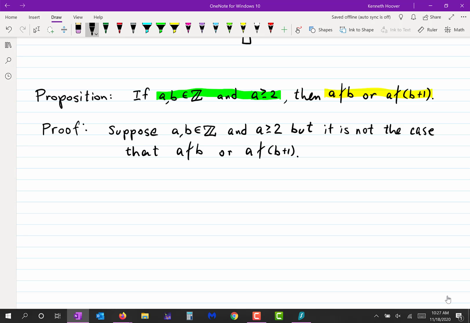All right. Well, let's look at this part. It is not the case that a does not divide b, or a does not divide b plus 1. Okay, then what? So in other words, what I'm trying to ask you is, we have this.